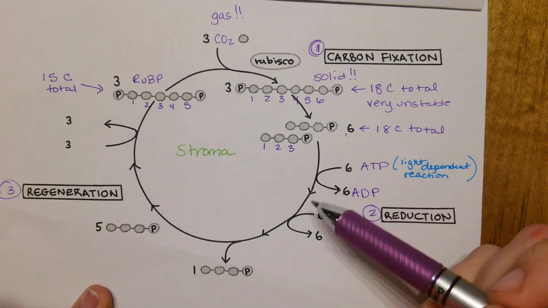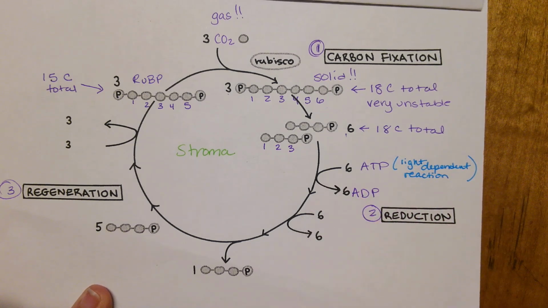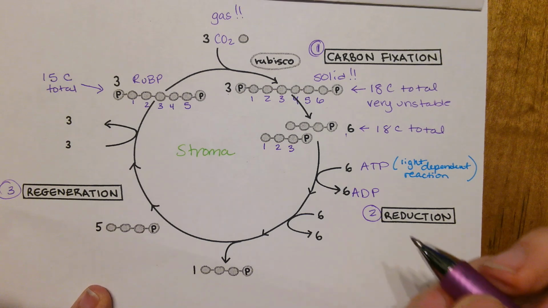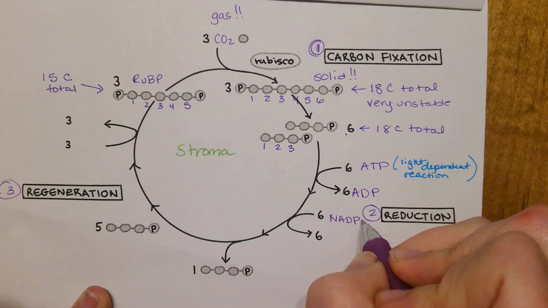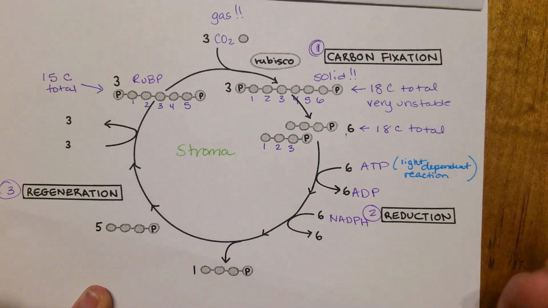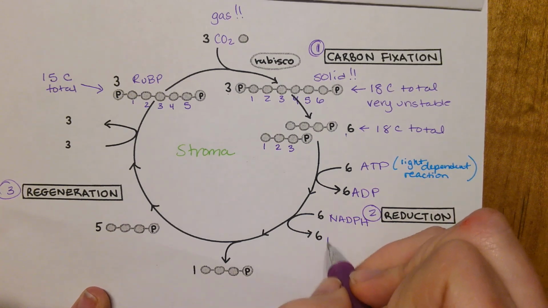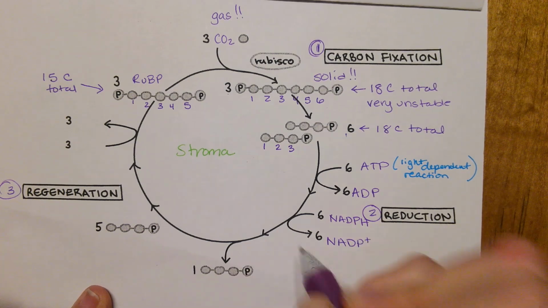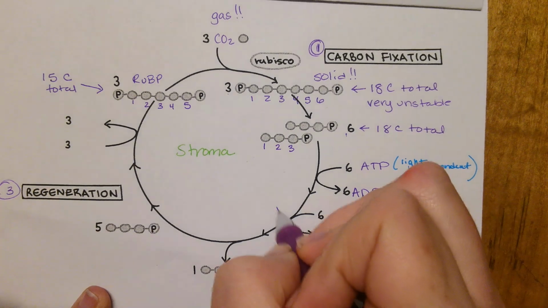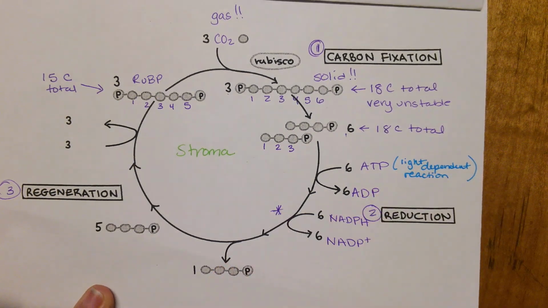But even though we've released some energy, we haven't released any electrons. So now we need to use our NADPH, okay? And we're going to form NADP+. So this is our reduction step. That's where our electrons are transferred.